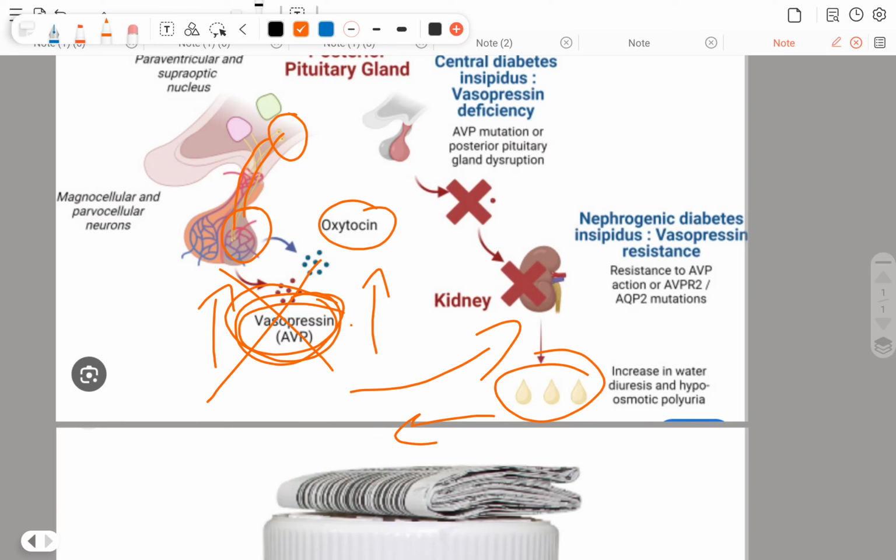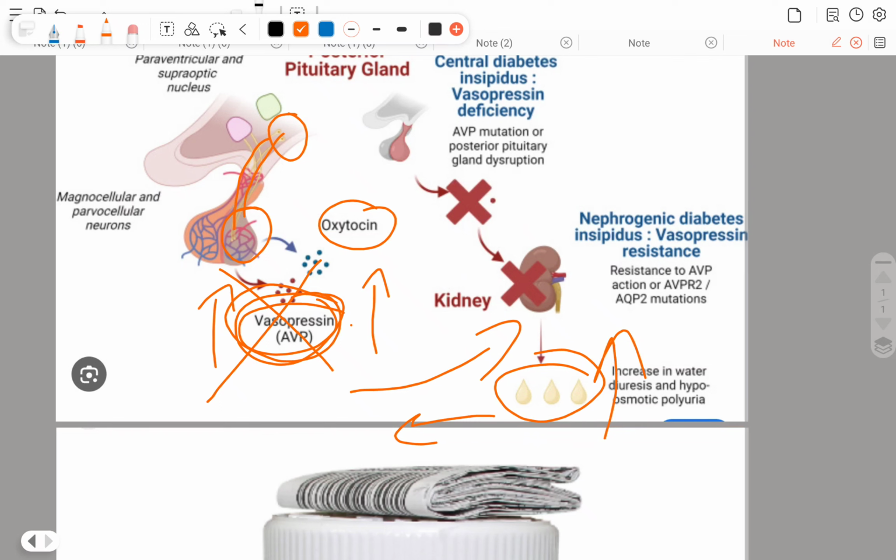As a result, the amount of urine discharged from our body will be elevated. Approximately 10 to 15 liters of urine will be discharged from our urinary system. The patient's main symptom is feeling so thirsty.